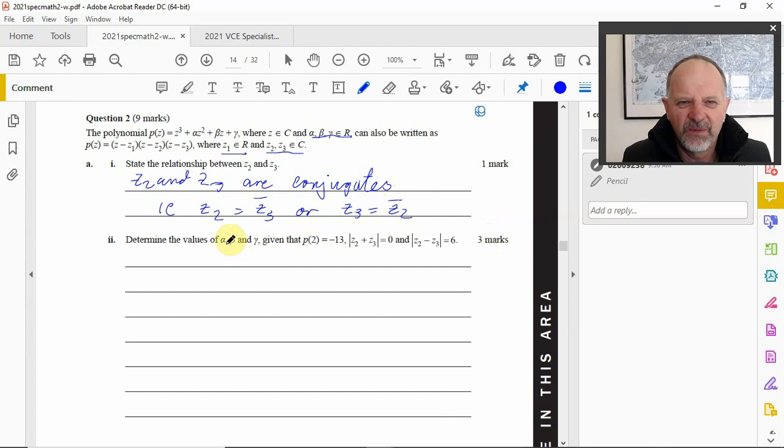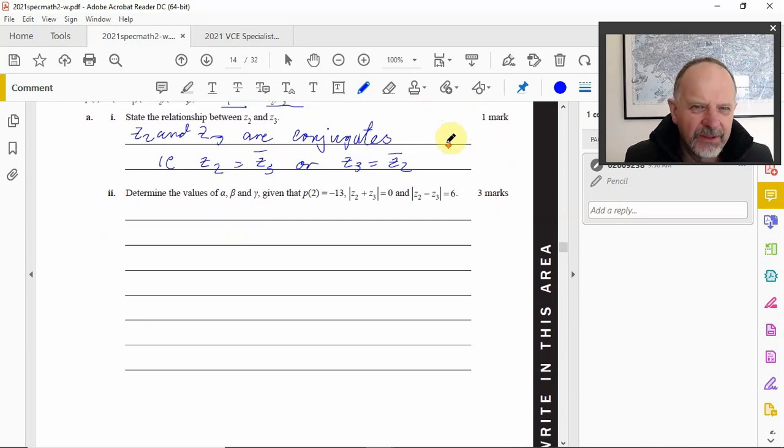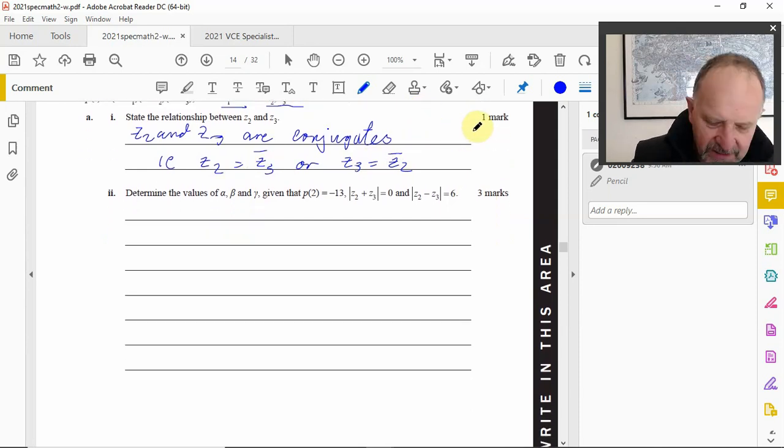All right, and so now we have to find these particular things here, alpha, beta, and gamma. And so the way I'm going to go about doing that is I'm going to say, all right, let's let Z2 equal A plus Bi.